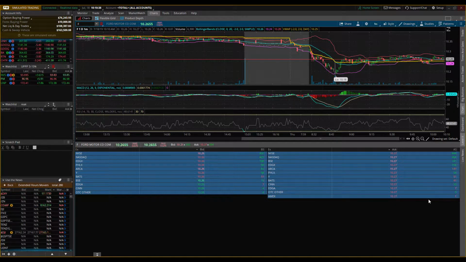So mind you, this data can be extremely manipulated and shouldn't be used by itself by any means. This is just one more tool that can be useful for many people.